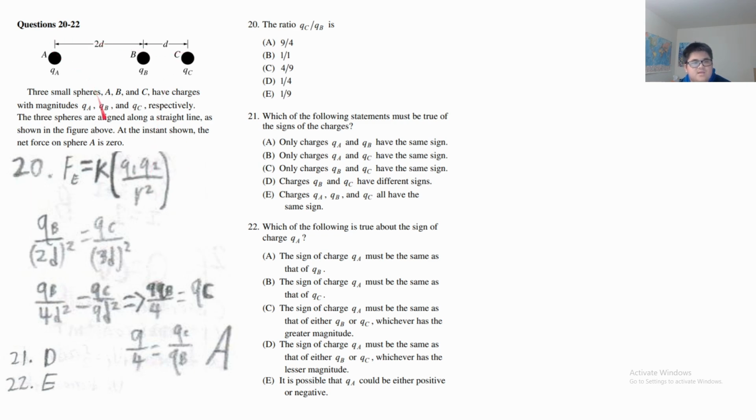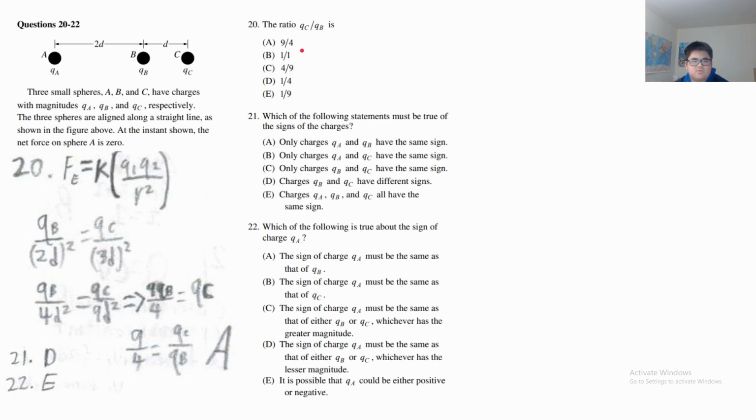Since the net force on sphere A is 0, that means the electric force produced by charge B and the electric force produced by charge C have to be equal. So we can set them equal to each other, solve for QC over QB, and we end up getting 9 over 4. So that must be the ratio of the charges.